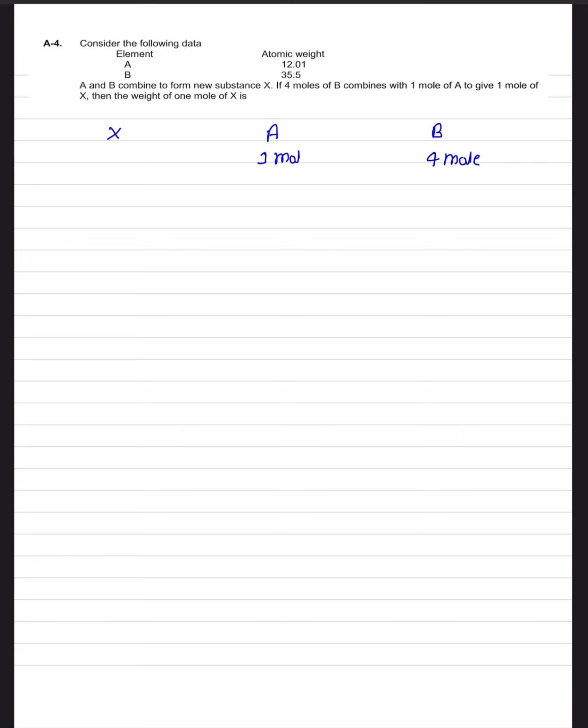So can you tell me what X will contain? AB4, yes or no? This is the formula for X, yes or no? Because I am taking the reverse: A is here, B is here. If this is your 1 molecule, how many moles of A will be there? Yes, sir, 1 mole, 1 atom, sorry.